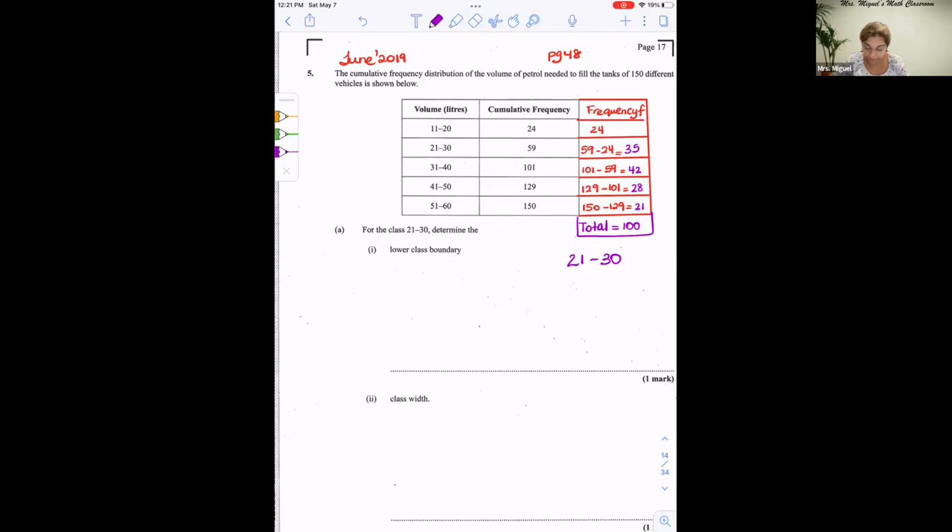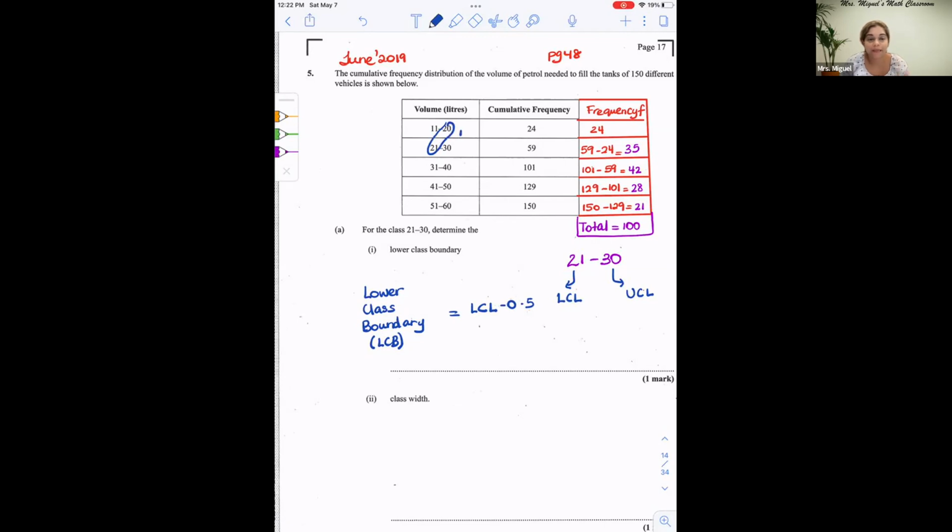All right, let's go. This is called the lower class limit. This is called the upper class limit. For the lower class boundary, or the LCB, this is the lower class limit minus 0.5, because the difference between these two values is 1.